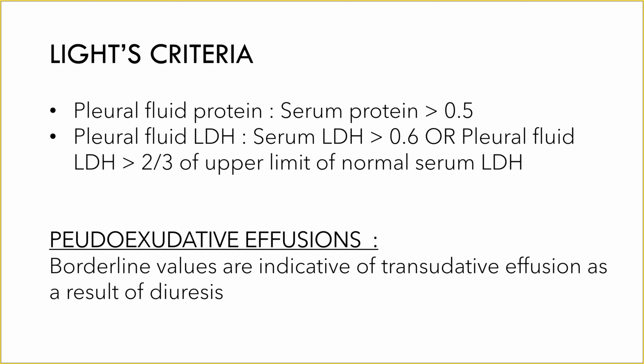When we give them diuretics, it can concentrate the protein in the effusion, and it can present as a borderline exudative picture. It's important to consider the clinical context, and we call these effusions pseudo-exudative, which are actually transudative effusions that have concentrated proteins in the fluid.